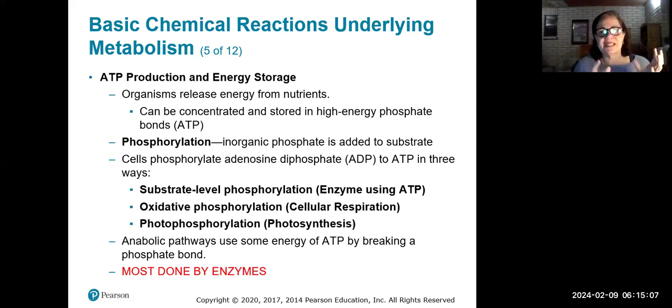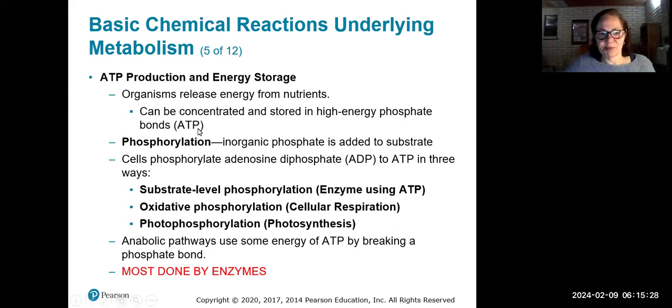When we do the catabolic reactions, we're breaking down the molecules and releasing energy, and we store up some of that energy into a high energy molecule. Remember, we said we put that third phosphate group onto the ATP.